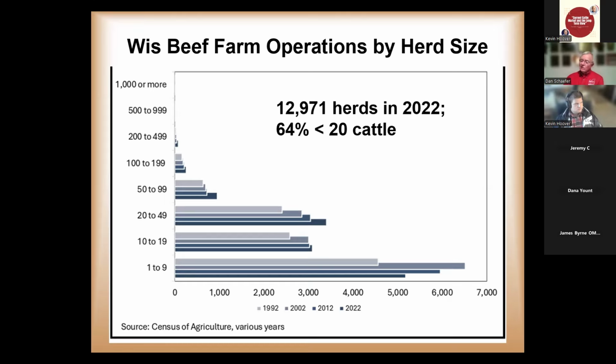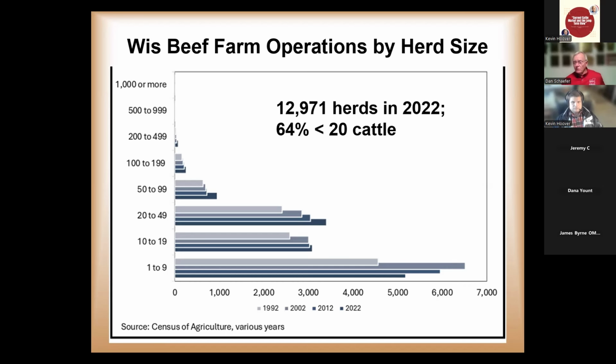And interestingly enough, from 2002, shown in the light gray bar, to 2022, they have declined in prevalence, while those herd sizes from 20 to 49 have increased. We have about 275,000 beef cows in this state, and so the average number of cows per herd is about 21 cows.